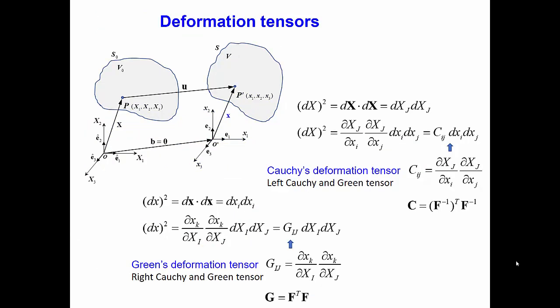Now we are going to define deformation tensors, which are very important in mechanics. First, we will find some relationship between line segments and material and spatial coordinate systems. We already derived these equations to define deformation gradient tensors.